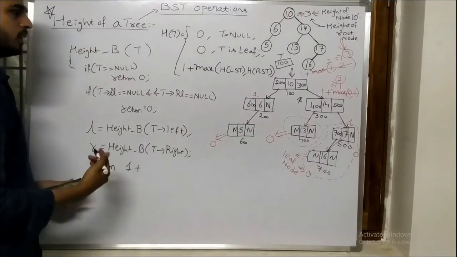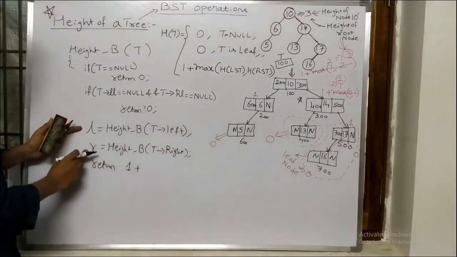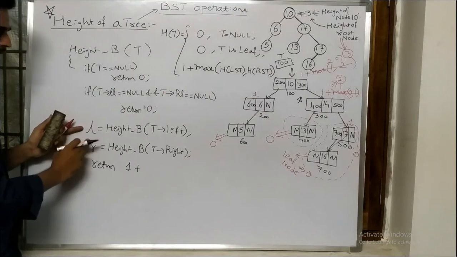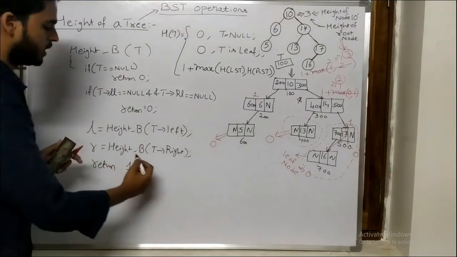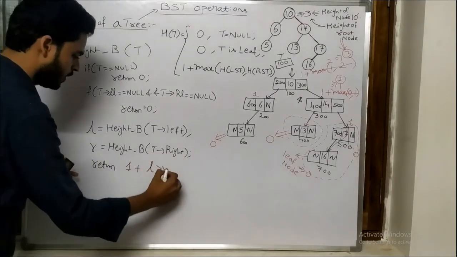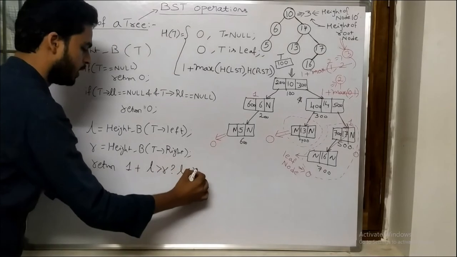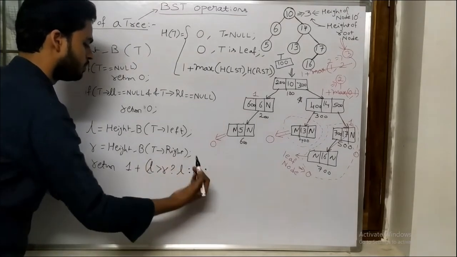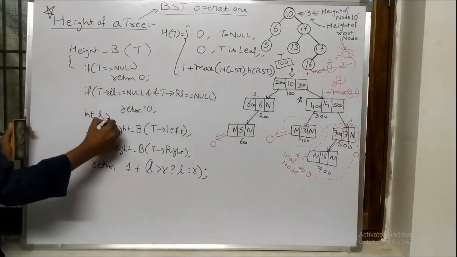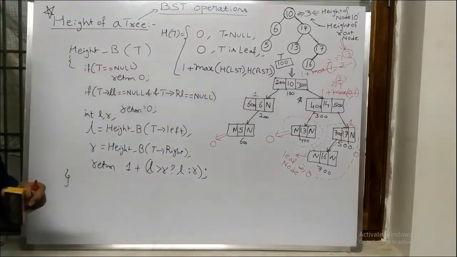You can write this in a different way: if L is greater than R, I will return L, otherwise I will return R. If you want, you can just declare here int L comma. So this is the implementation code for height.